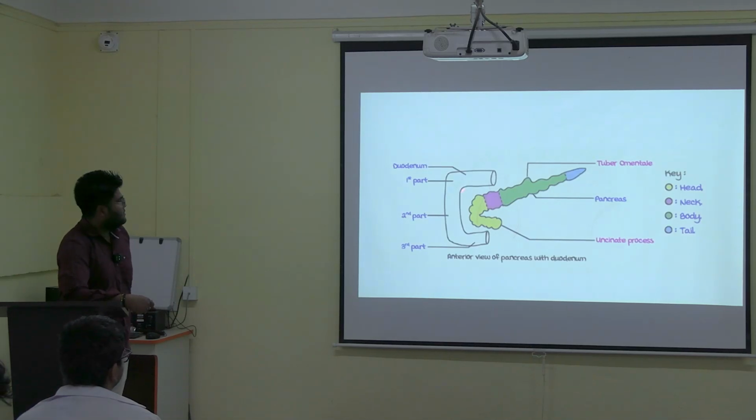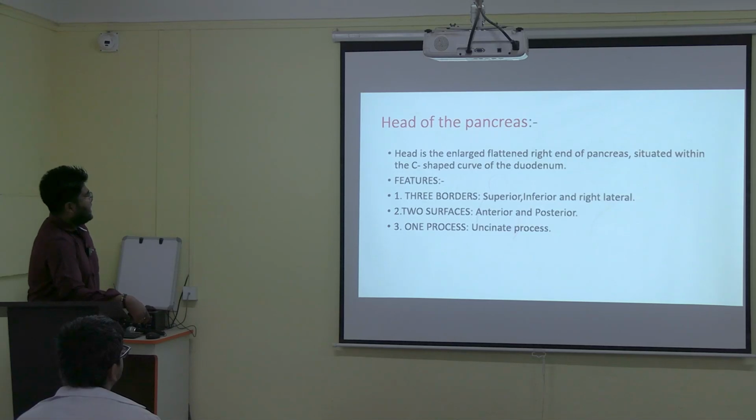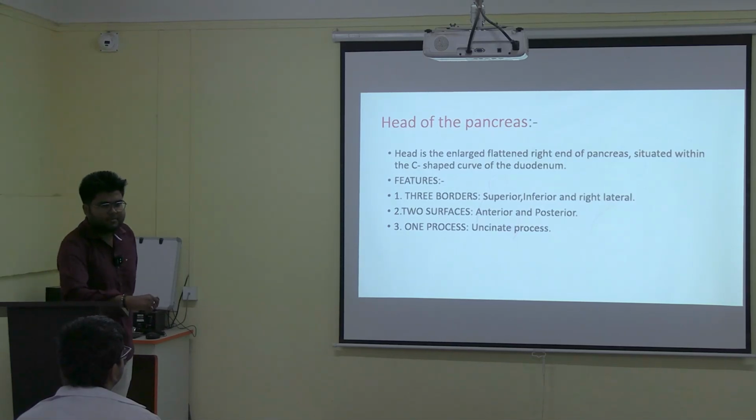Always remember this is your schematic diagram. Here you can easily see this is the duodenum part, this is the first part, second part and third part, and this is the head of the pancreas, and this is the constricted neck, and this is the body, and this is the tail. First the head part, which is the flattened right end part of your pancreas.